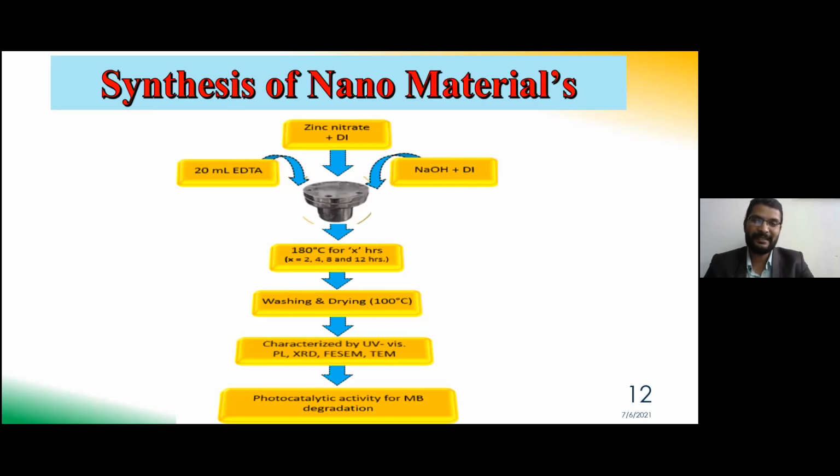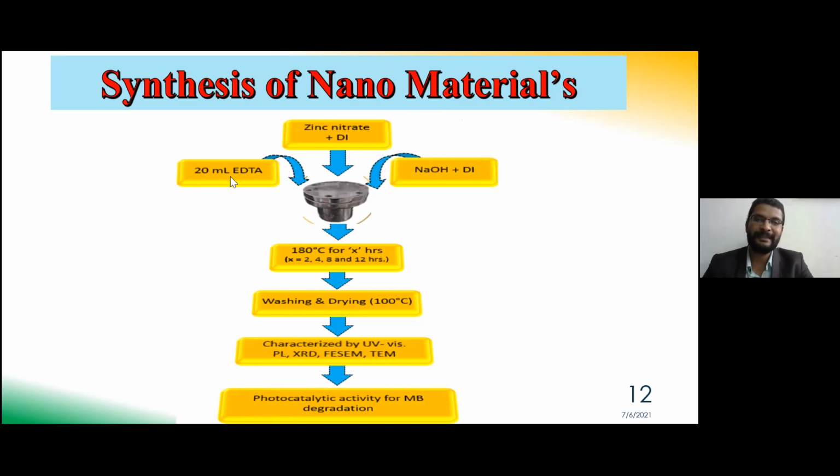We have to investigate this, and in this recent work we synthesized the zinc oxide nanomaterial. For the synthesis, we take 10 millimoles of zinc nitrate dissolved in 20 ml deionized water. We take 20 millimoles of NaOH, again dissolved in deionized water, and add that NaOH dropwise into the zinc nitrate solution with constant stirring.